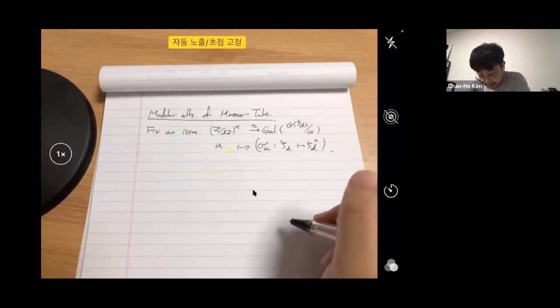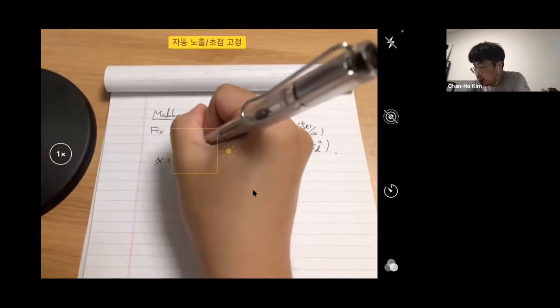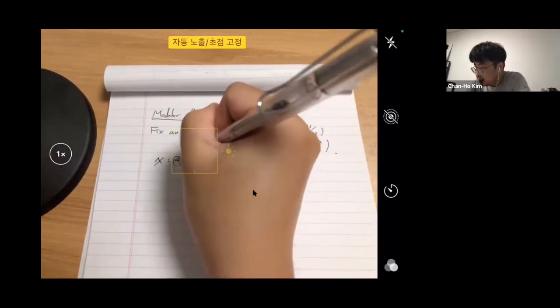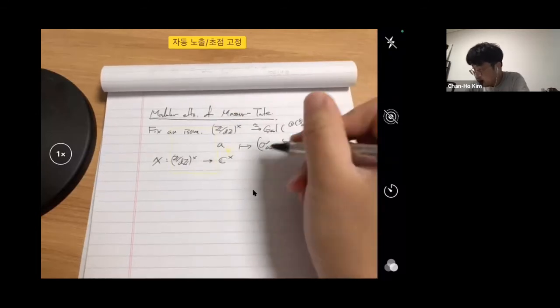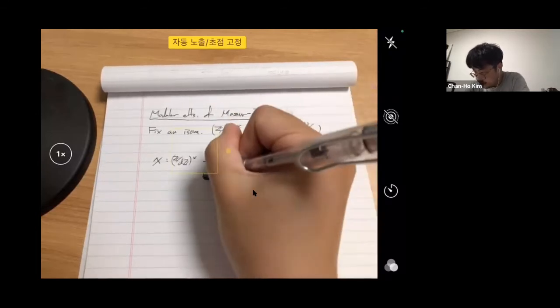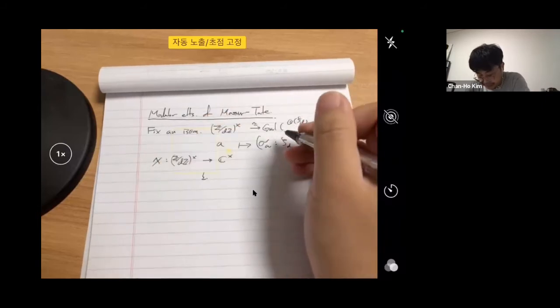And considering the Dirichlet character chi, as we've seen, by using this isomorphism, we can linearly extend the map from the group ring of the Galois group to C.